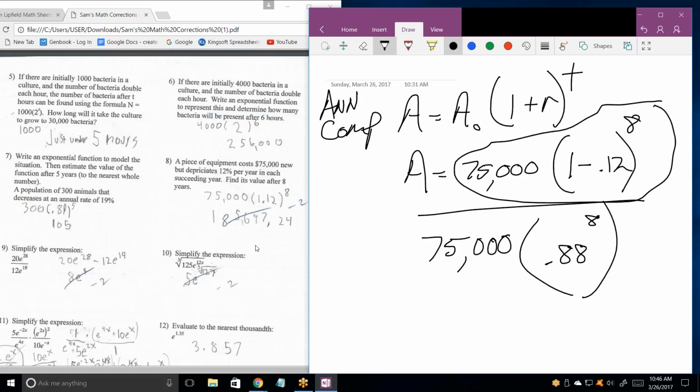And it is not. That 8 exponent does not apply to the 75,000. So to avoid making that mistake, I recommend everybody do this part first, take your answer, multiply it by 75,000, you got your answer.